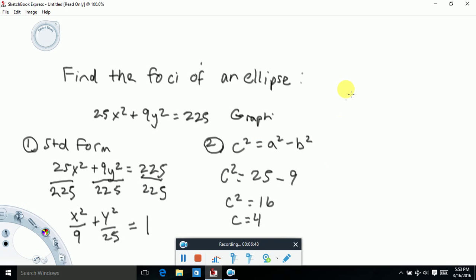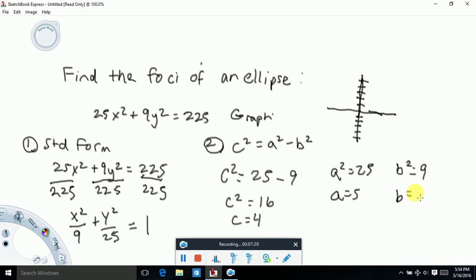So now knowing C, we can sketch the graph. And we know this one is going to be oriented vertically because the major axis lies along the y-axis. So our A squared is 25, so A is 5, and B squared equals 9, so B is 3.